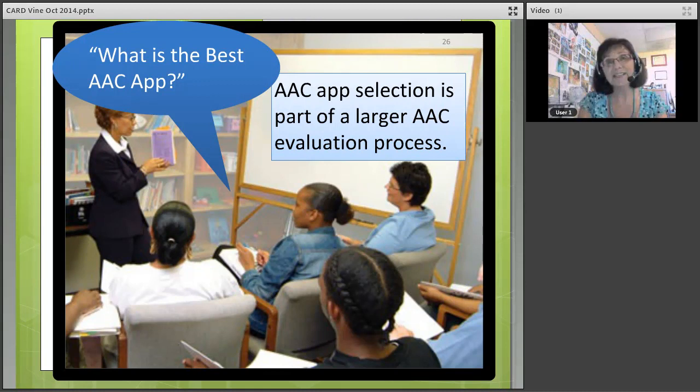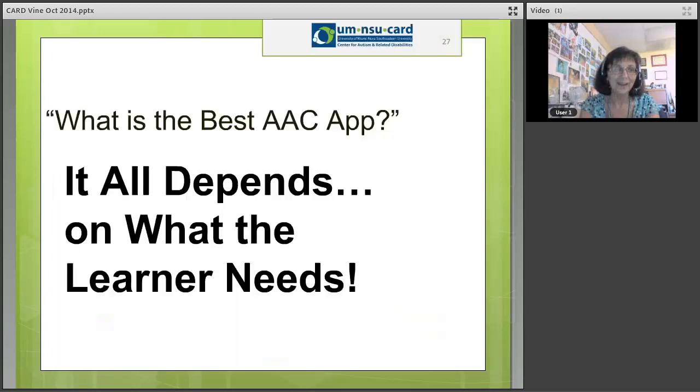But no matter how many times I say that, no matter how many presentations we give on this, and no matter how many times you say this to the people with whom you work, they're still going to come back to you and say, I know what you mean, but what's the best AAC app for kids with autism, right? So it's a frustrating answer, but it depends, right? We have to keep preaching that it is not a one-size-fits-all situation. It all depends on what the learner needs.